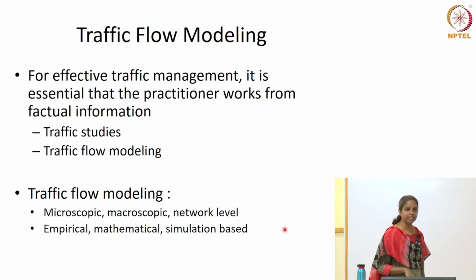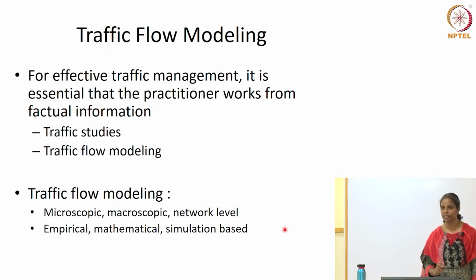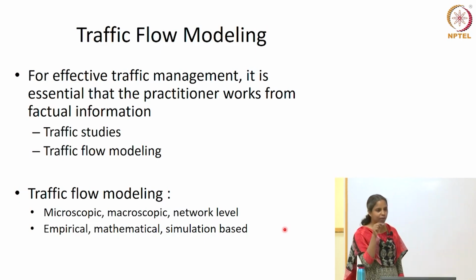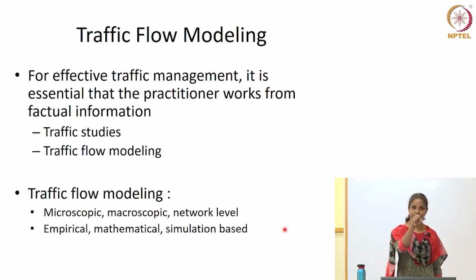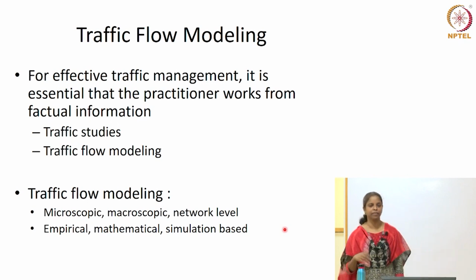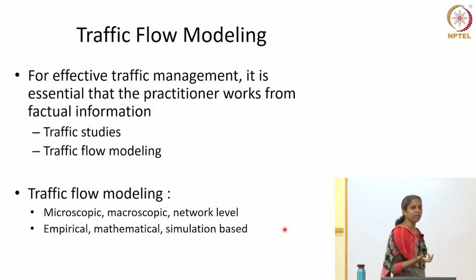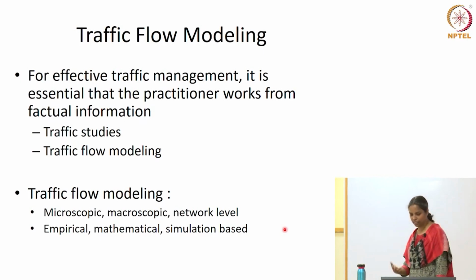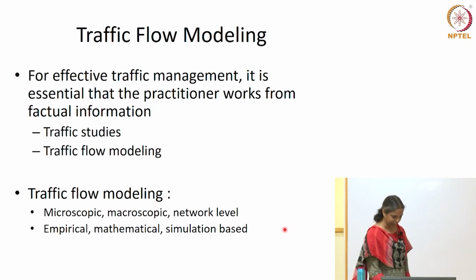So, how do we do it at the network level? Each is challenging in its own way. For example, at the microscopic level, how one vehicle will follow its leader is challenging because it heavily depends on the human behavior, the driver who is sitting in the vehicle. So, how do we include all these into the modeling and have some reasonably good models is what comes under the discussion in traffic flow modeling.